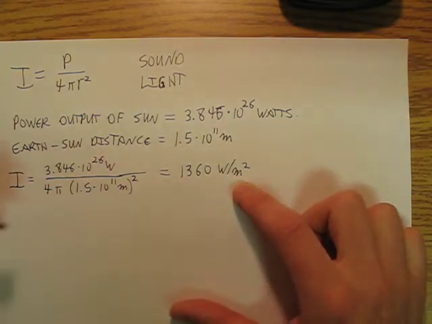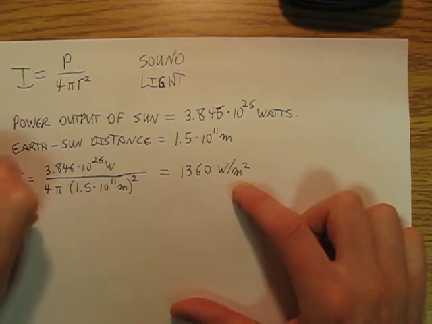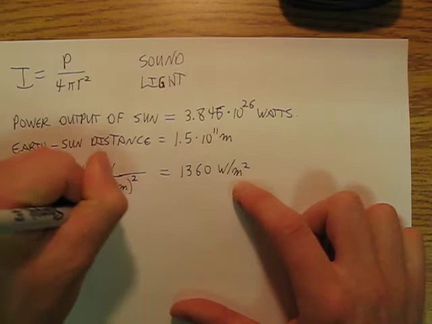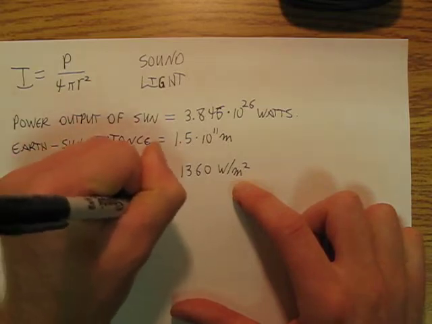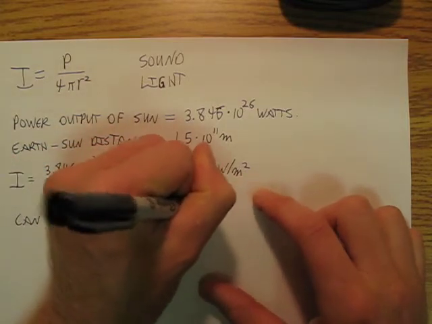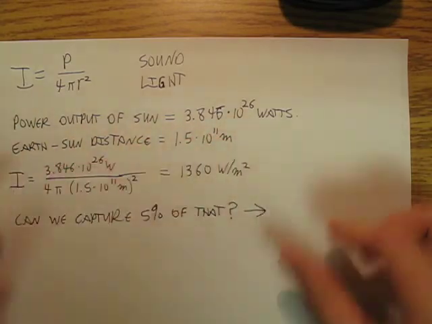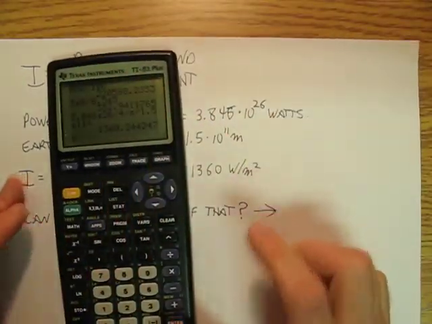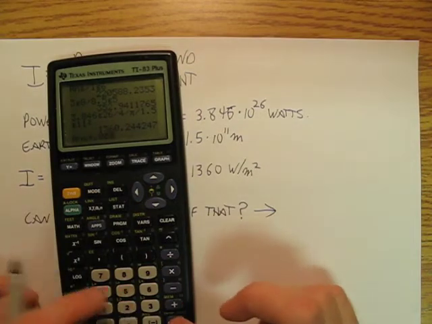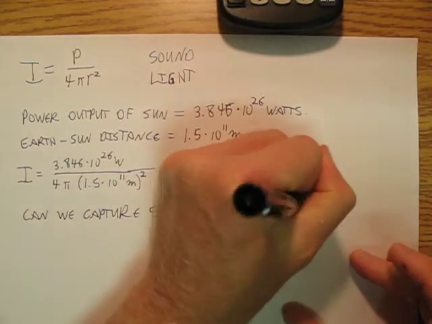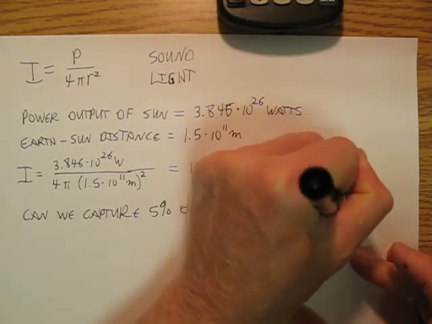So let's say, can we capture 5% of that? And that gets us to times 0.05, 68 watts per meter squared.